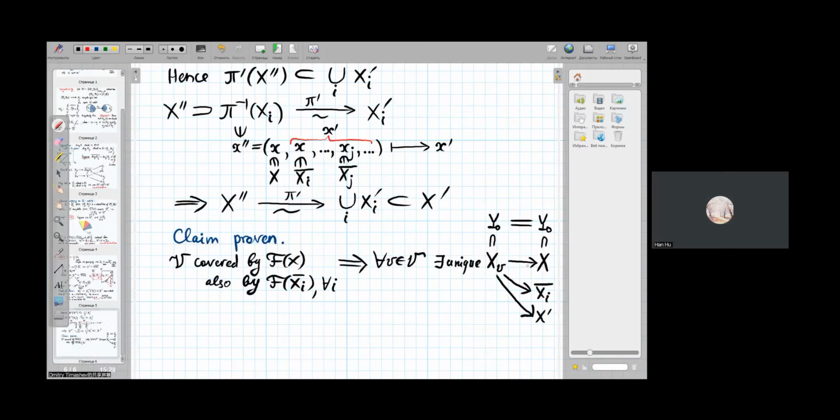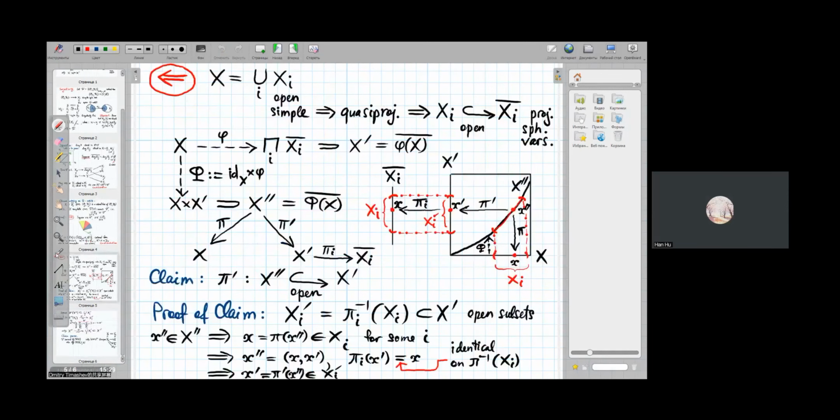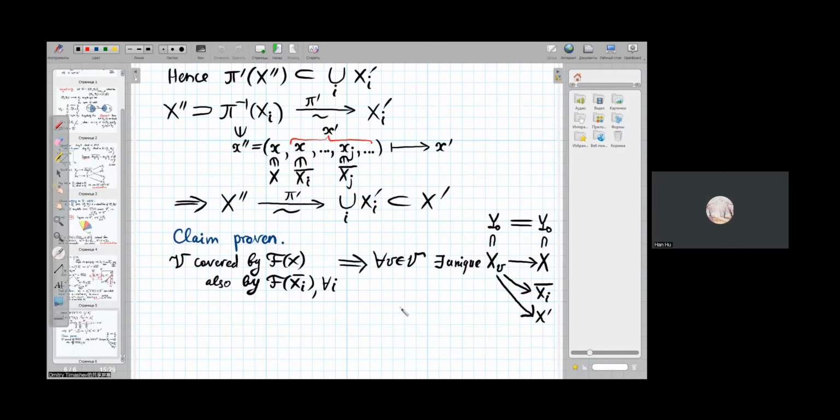And since you get a map to x and to x prime, which extends the identity map on the open orbit, you also get a map to x double prime, sitting in the product of x and x prime. We get this bunch of maps extending the identity map on the open orbit.